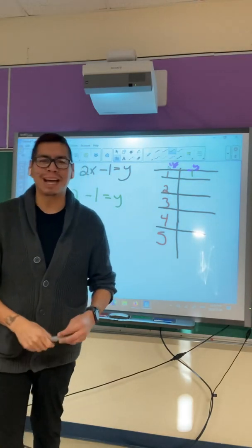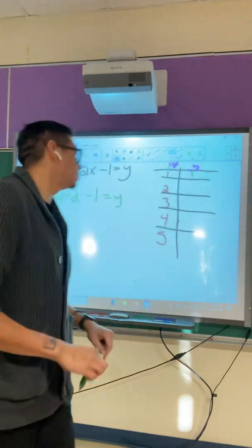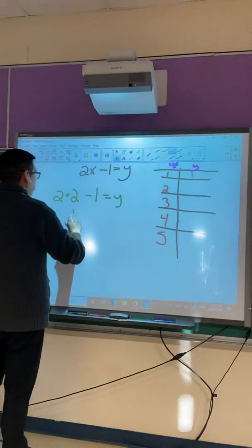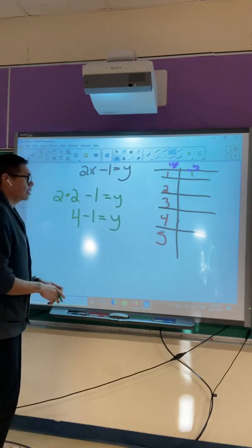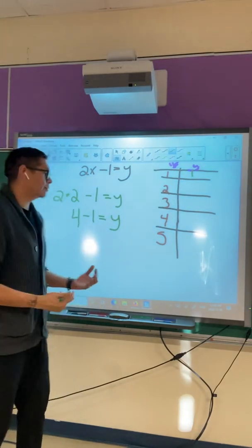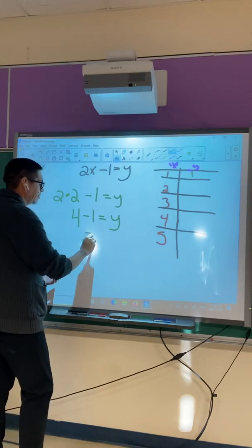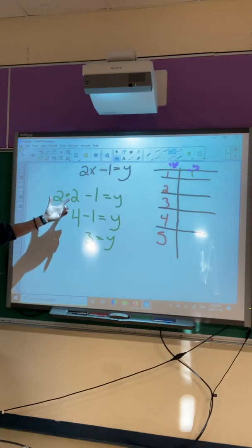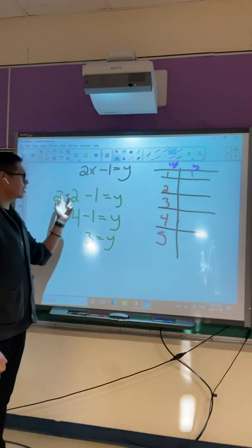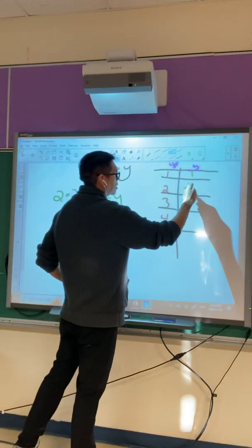I'm sure people will catch on really quickly. Anyways, 2 times 2 is 4. 4 take away 1 is equal to y. What's 4 take away 1? 4 take away 1 is 3. So that means y is equal to 3. Anytime x is 2, y will be 3, according to this equation.